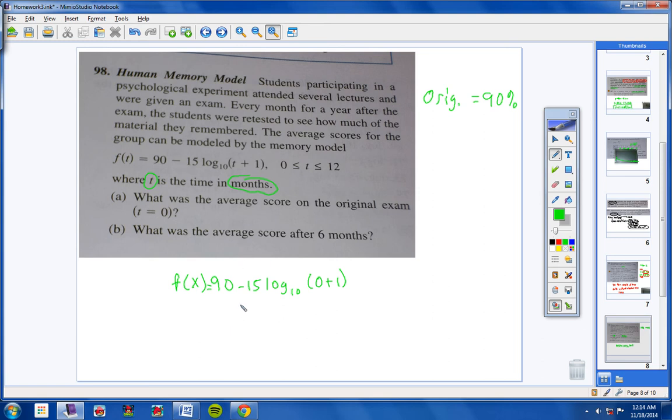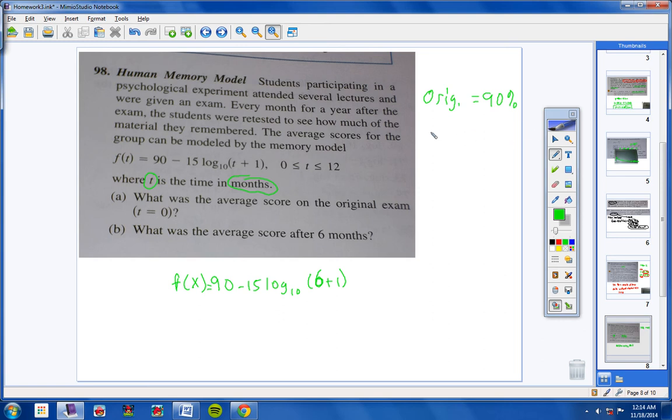Then they had the students come back and take the test again. So now we're going to put a 6 right here for t, and let's see what the average score was. Put a 6 in for t, and you get this.